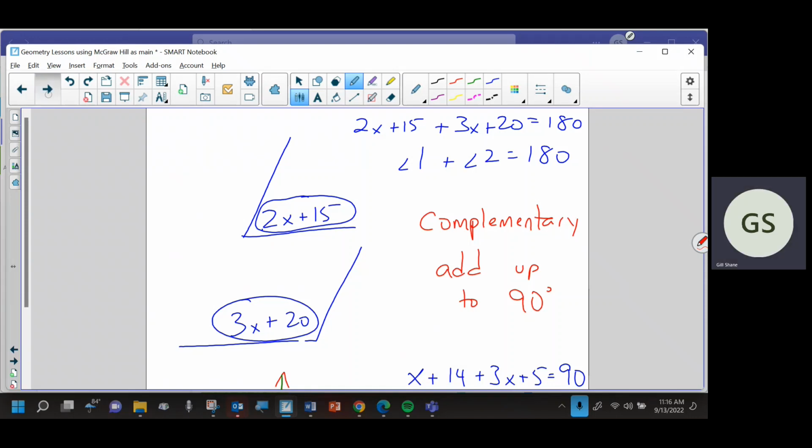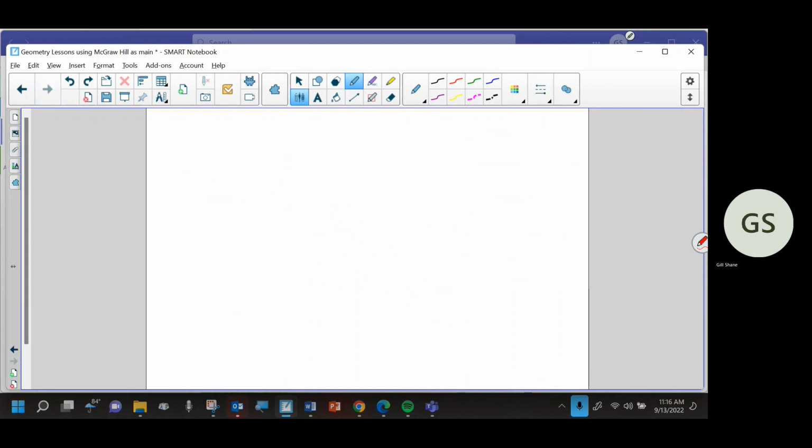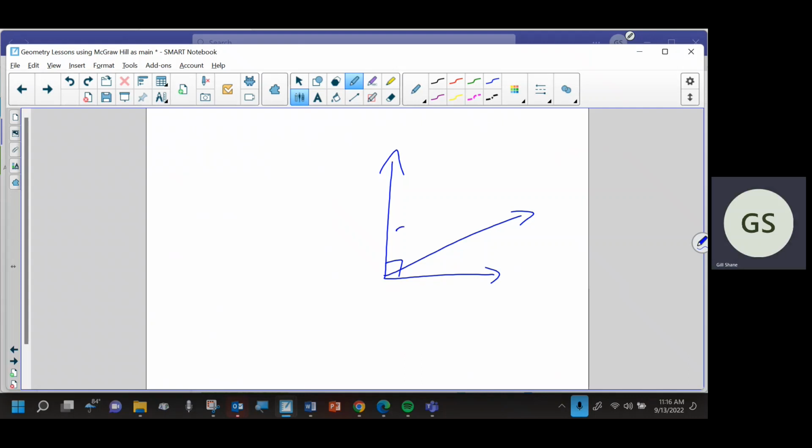I'm going to do a new page for that. So if they do something like this, you know you've got a 90-degree angle, right? That's what that little guy means in the corner. And then they may say, let's split that into two angles.